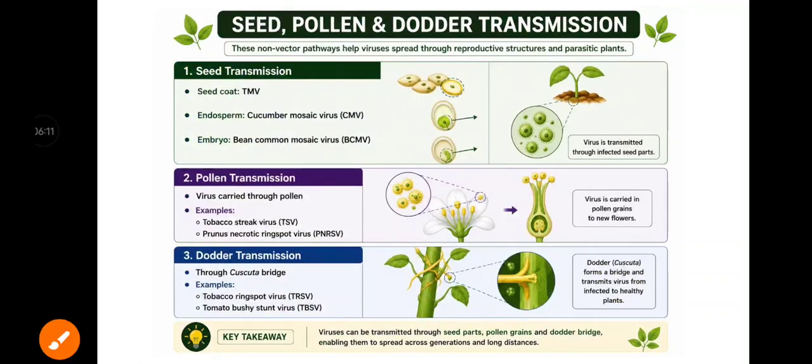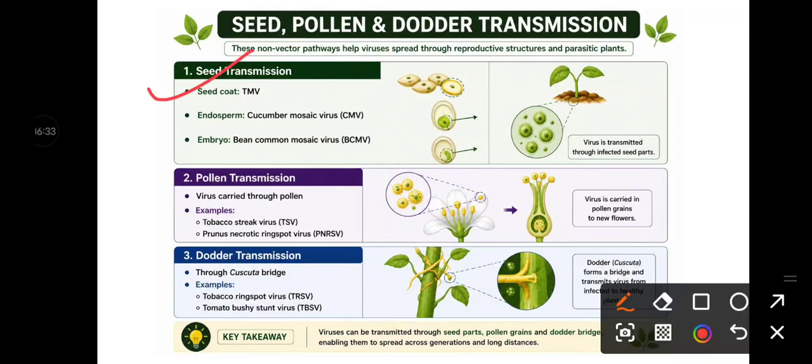Next, seed transmission. Some viruses are also vertically transmitted from the parent to offspring. The contamination may be superficial or internal. Superficial contamination includes seed coat contamination, whereas if the virus is inside, it may transmit from one generation to another.